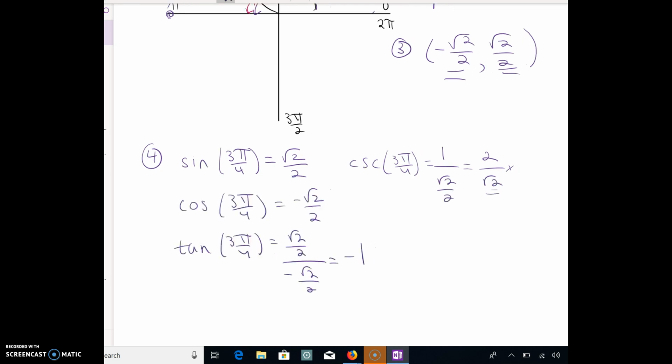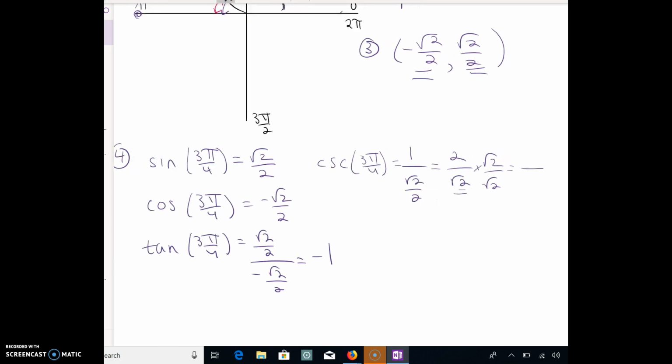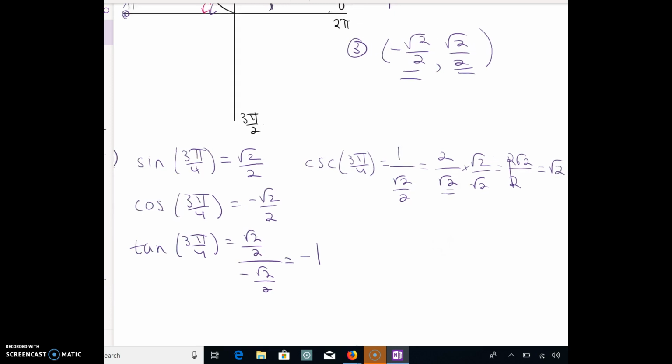To fix that, we're going to multiply the numerator and denominator by the square root of 2 over the square root of 2. So in our numerator, we get 2 square root of 2. In our denominator, we get 2. The square root of 2 times the square root of 2 is the square root of 4, which simplifies down to 2. These factors of 2 can cancel. And so the cosecant of 3 pi over 4 is exactly equal to the square root of 2.